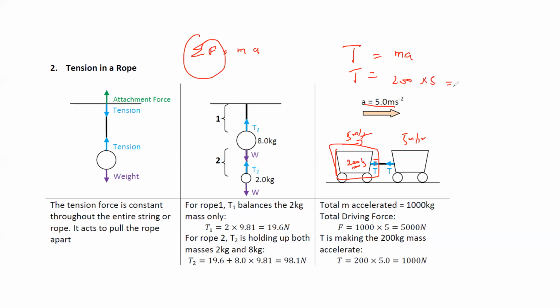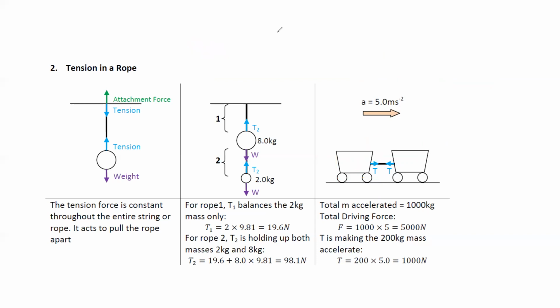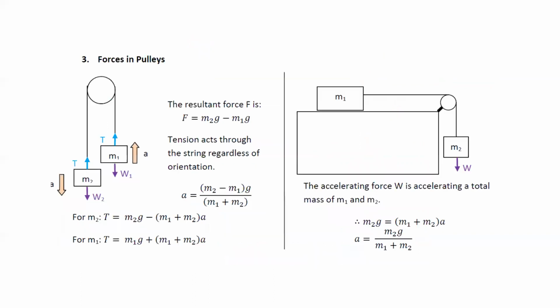So 200 multiplied by 5 equals 1000 Newton. So the force on this object will be 1000 Newton. Is it clear? So the idea is that objects will have the same acceleration in the system as individual objects.